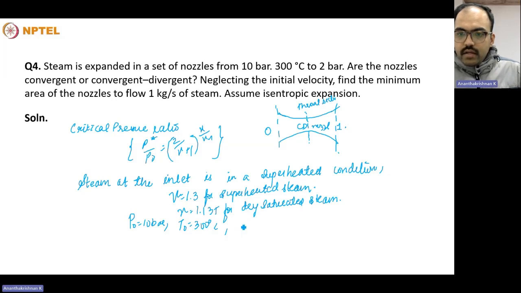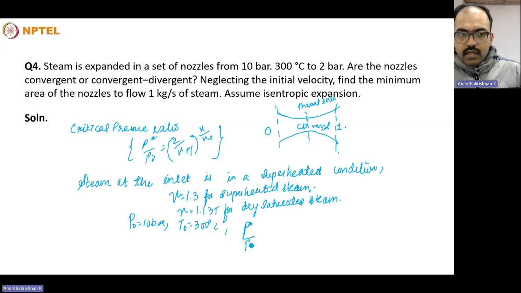So we need to find the critical pressure ratio P star by P0 for the flow rate to be maximum. The flow rate will be maximum when this P star by P0 occurs at the throat point.